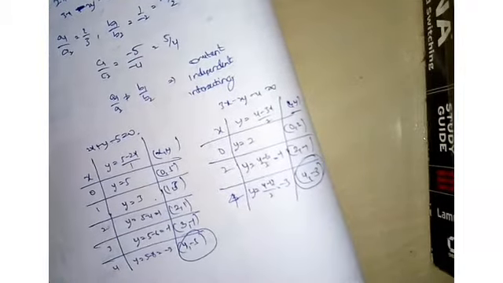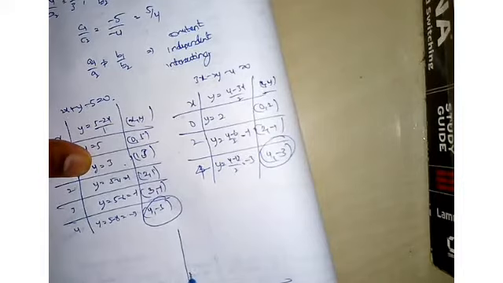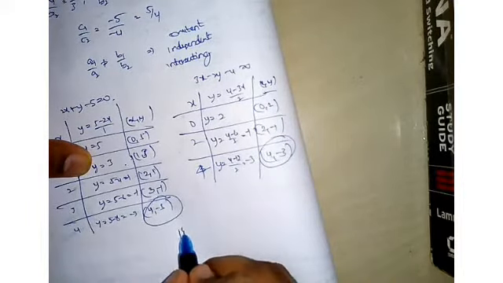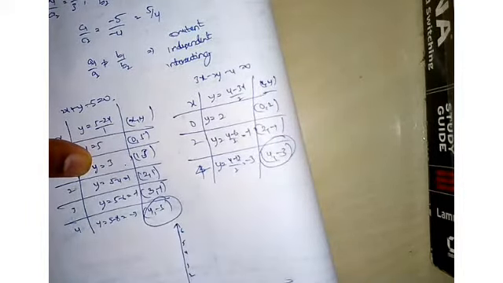If you plot these points on a graph, we mark 1 to 6 on the positive axes and minus 1 to minus 6 on the negative axes.